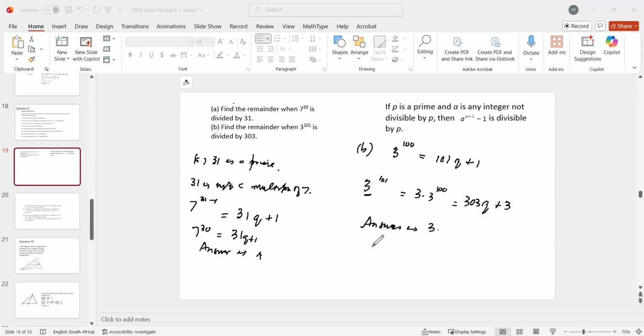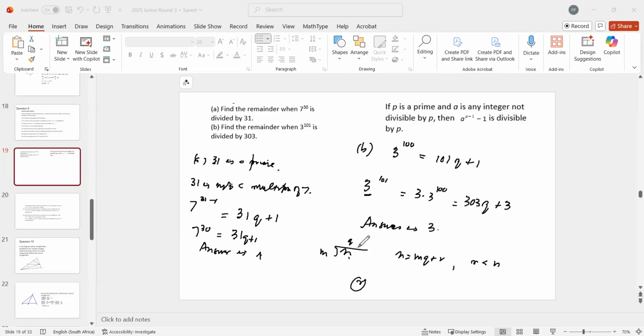You see, generally, if you have n divided by m, and there's a quotient, the remainder is r, then n is equal to this multiple plus r, but this remainder is always smaller than n. Right?